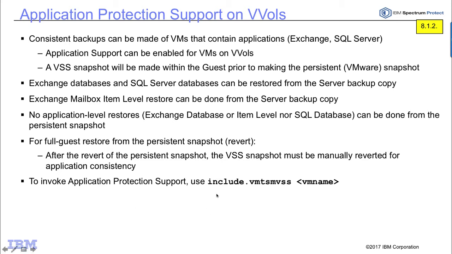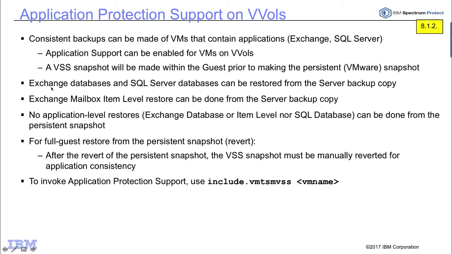And that is using this include.vm tsm vss statement or tag, depending on how you do it and whether you're doing it through the GUI or an options file. Now, when we first introduced VVols, we did not support this function for virtual machines that were stored on VVols, but in version 8.1.2 we have gone ahead and added that functionality to the application protection support.